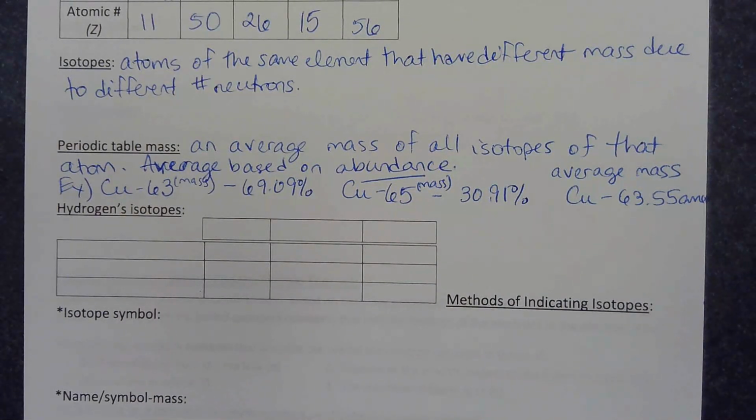When you get protons and neutrons, you will determine the mass by adding protons and neutrons. But if I don't give you protons and neutrons, then how do you get the mass? From the periodic table. And then it's an average mass. And we're going to do some like that.